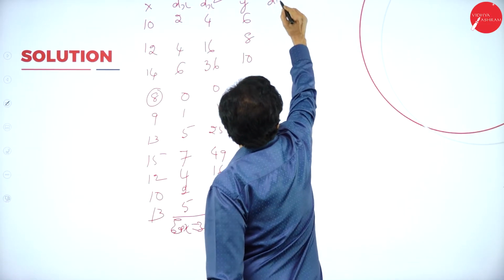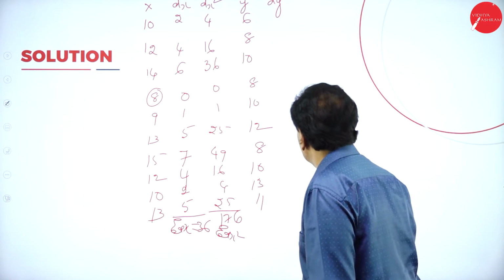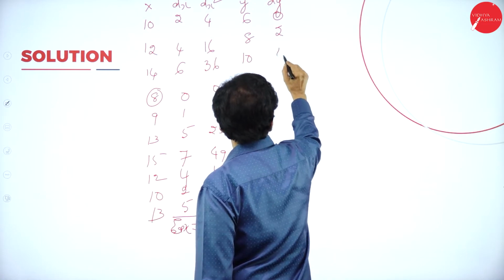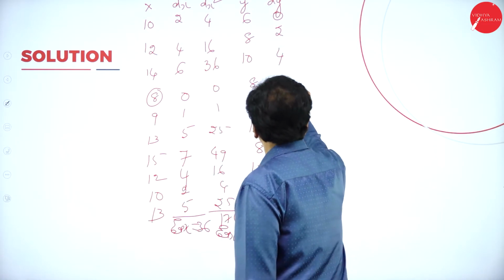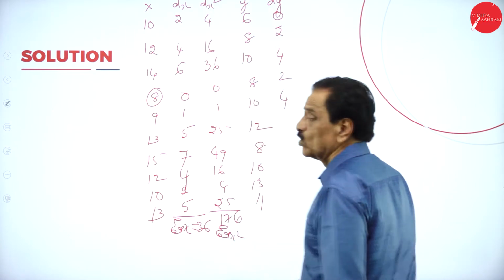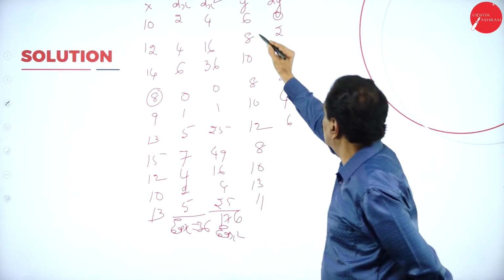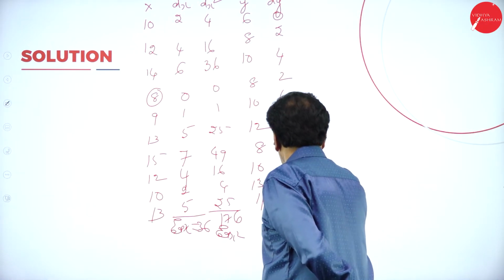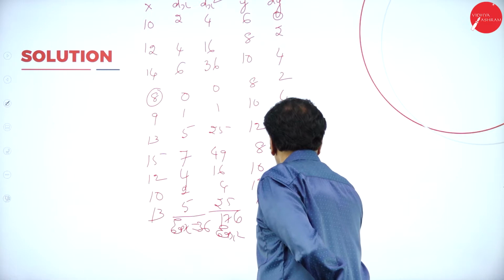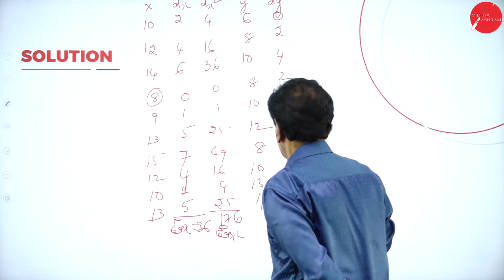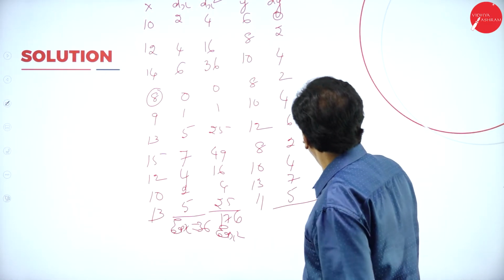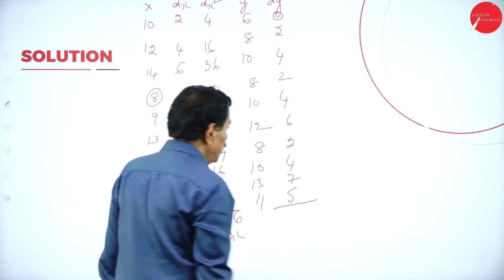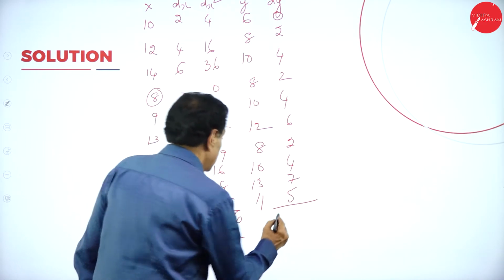dy: which is the lowest number here? 6 is 0, 8 is 2, 10 is 4, 12 is 6. I took 6 as 0, 12 is 6, 8 is 2, 10 is 4, 13 is 7, 11 is 5. Add the numbers: 2 plus 4, 6, 8, 12, 18, 20, 24, 31, 36.